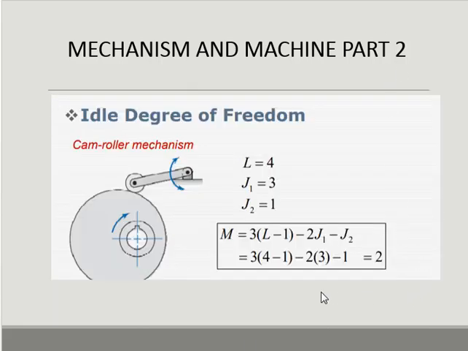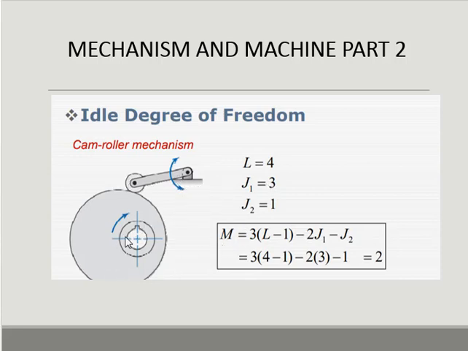And then the last example, this has a special mobility. We count first L for links. The number of links is 4: 1, 2, 3, 4.